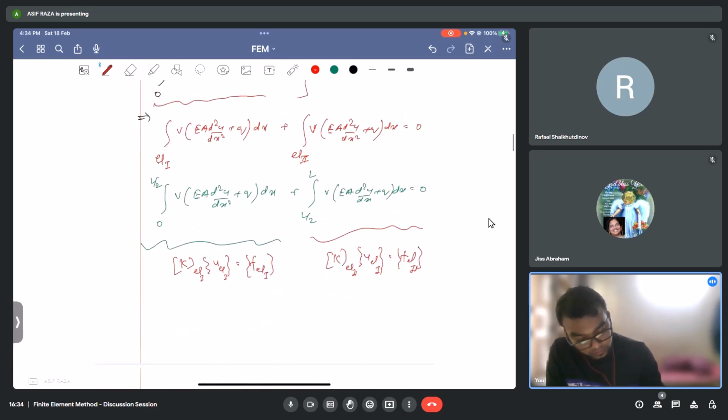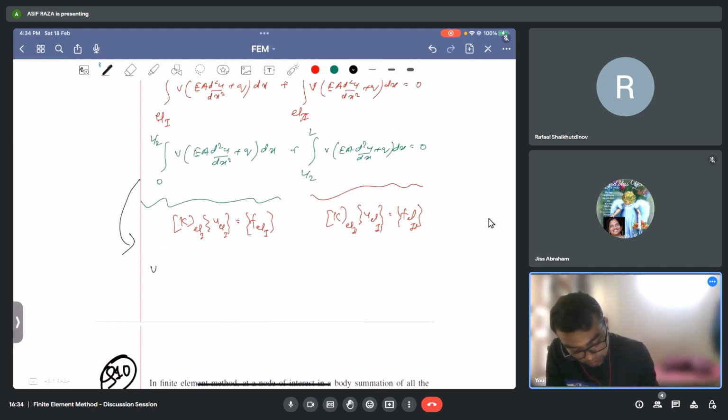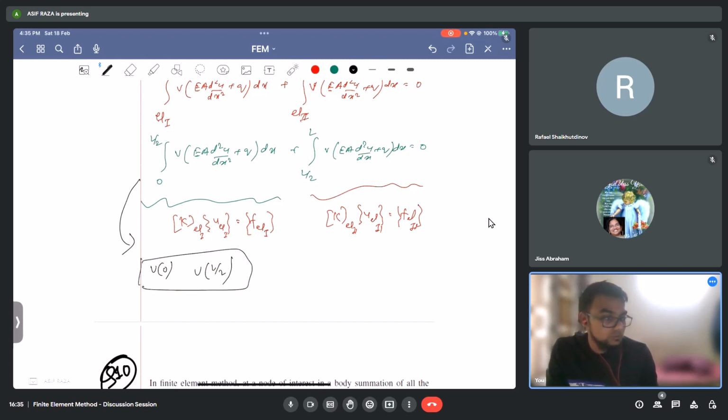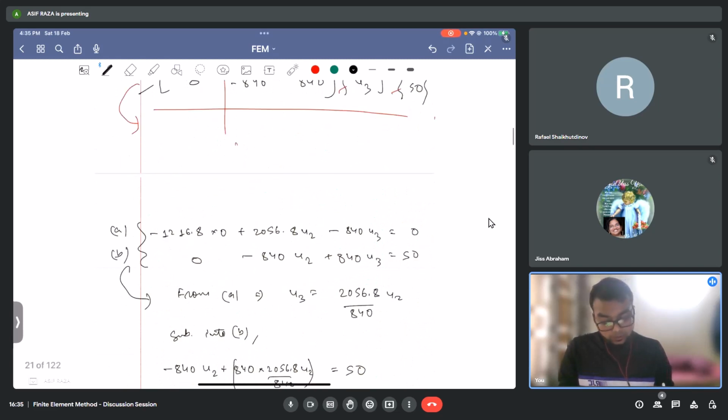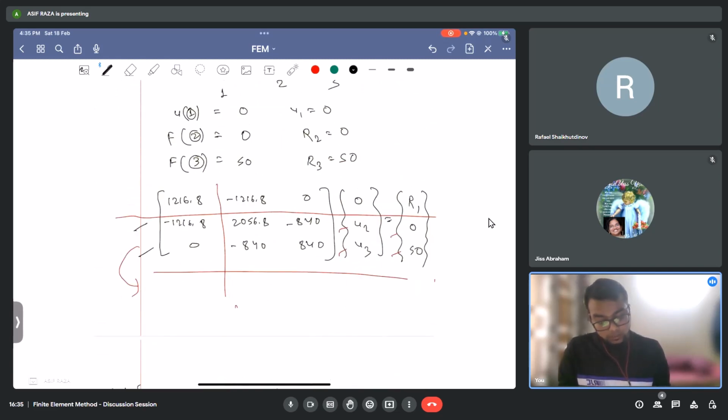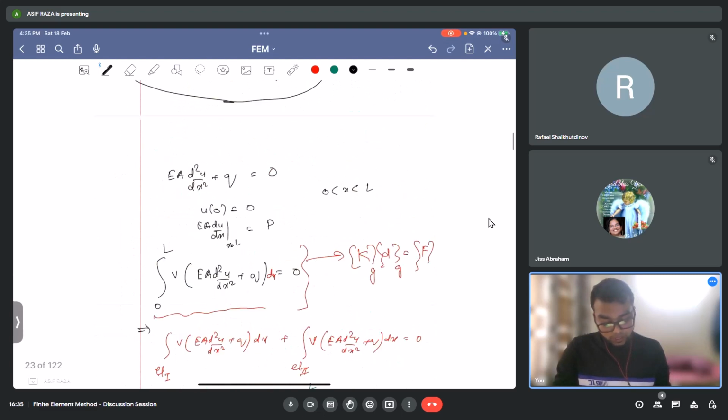Here we get the boundaries at 0 and at L by 2 for this element, and for this element at L by 2 and L. When I wrote everything collectively, I just wrote R1 and nothing like that.